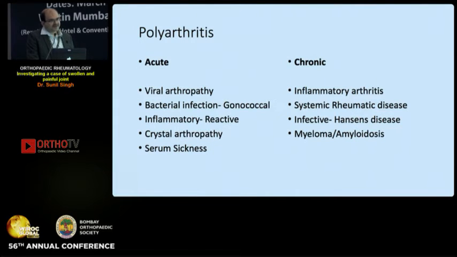Talking about polyarthritis, generally the initial differential starts with an inflammatory arthritis. In the acute setting, there could be other differentials like viral, infective, or sometimes even a crystal arthropathy, which in 10 to 15% of cases may present with polyarticular involvement.